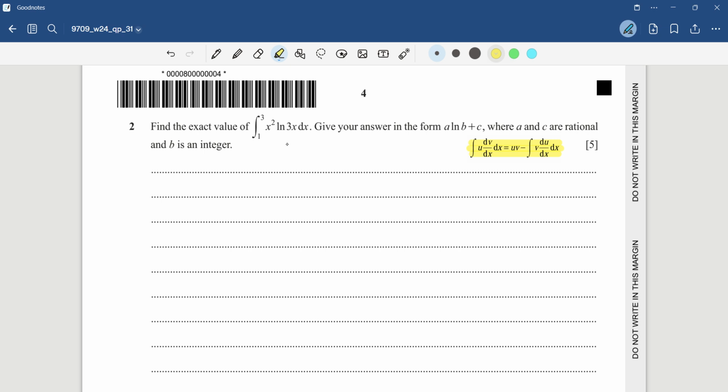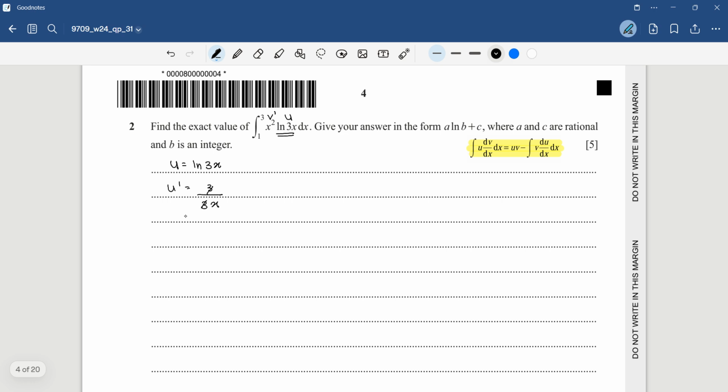The integral of u dv dx will be uv minus integral of v du dx. When you have this case, always remember your ln will be your u, and this will be my v prime. So u equals ln 3x, therefore u prime will be 3 over 3x.